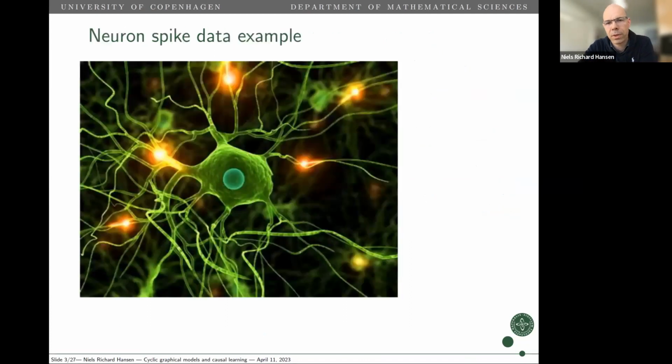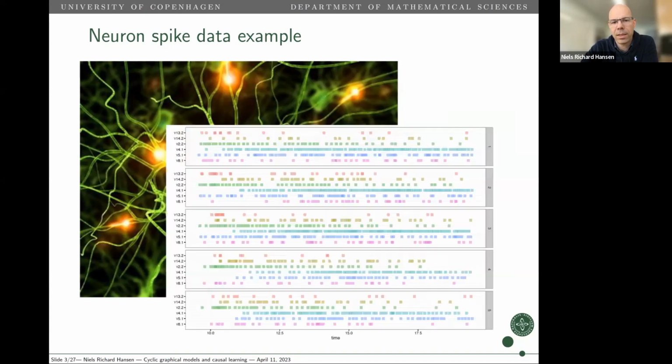As another example, which is something I was involved in myself in some data analysis, let's look at neuron spikes. Neurons communicate with each other using electrochemical signals. A neuron spikes, a very short burst of a signal, and then other neurons react to the collection of inputs from other neurons. A typical data set looks like this. Here we have, in this case, recordings from 6 different neurons.